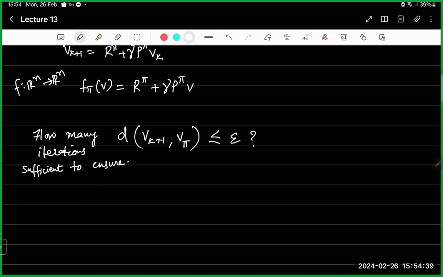So first of all, to measure the distance between, all of you know the triangle inequality, right?